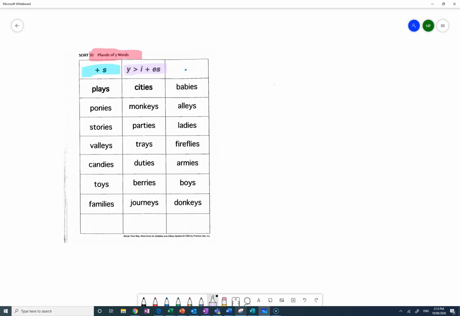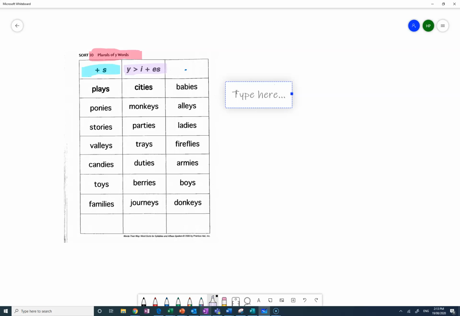So what we're going to do today, before we begin color coding, is I would like you to type next to your word sort on your OneNote page the base words, because the words in our word sort today are all the plurals. The work's been done for you. So I'd like you to write the base word.